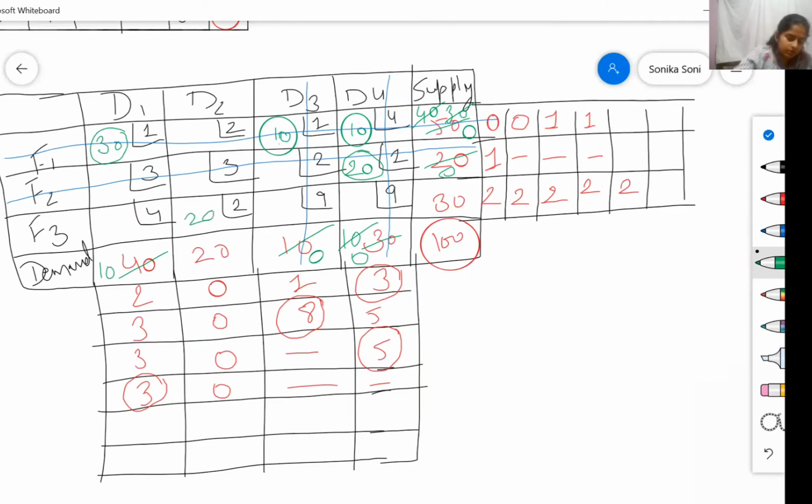We can only allocate 20 here. Now demand became 0 and the supply became 10 here. So we cancel the D2 column out. Now the last one remaining is F3D1 where we can allocate only 10 as demand is also 10 and supply is also 10. So this gets cancelled out and this also gets cancelled out. We are remaining with nothing as supply and demand is fully utilized.